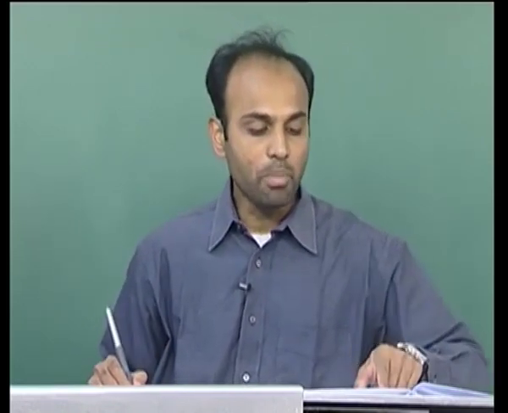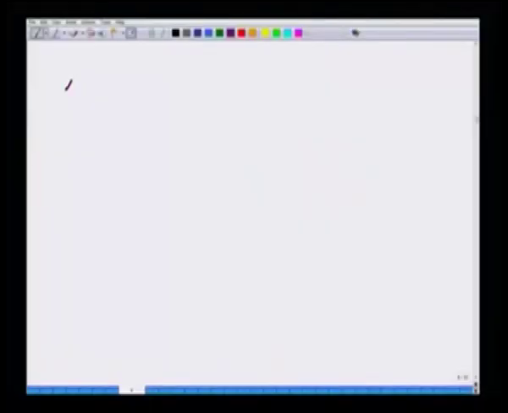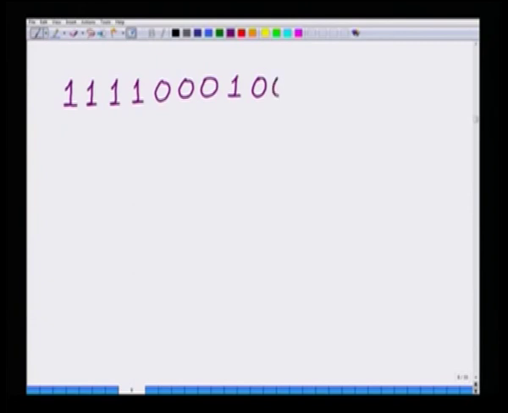The PN sequence that was generated, let me write it down, is 1 1 1 1 0 0 0 1 0 0 1 1 0 1 0.